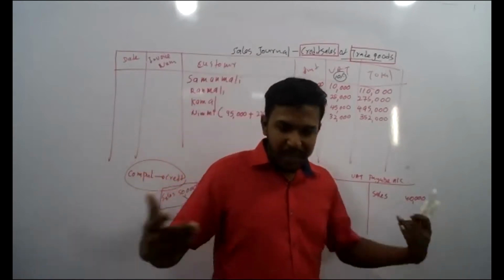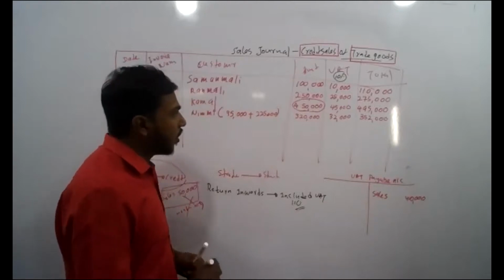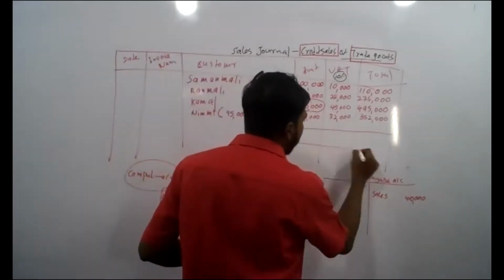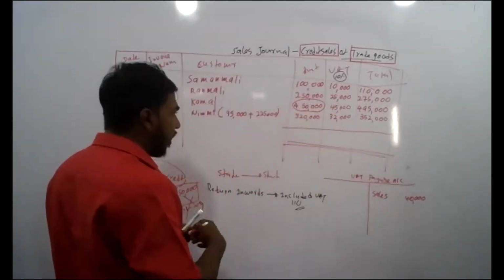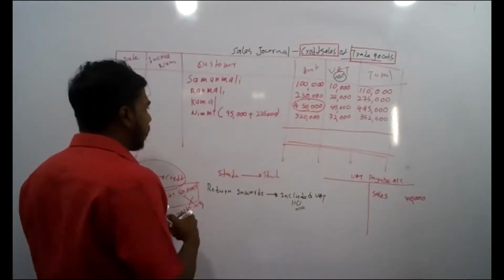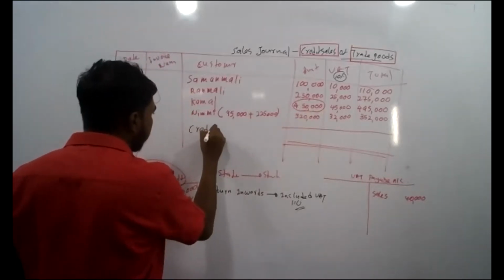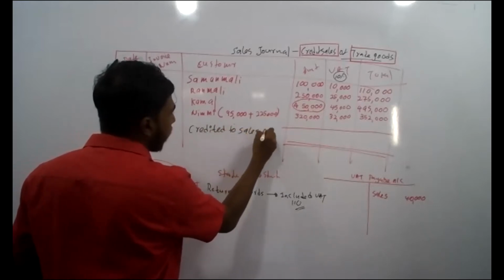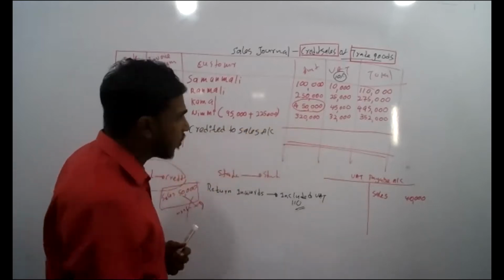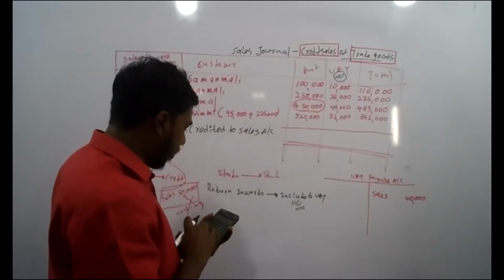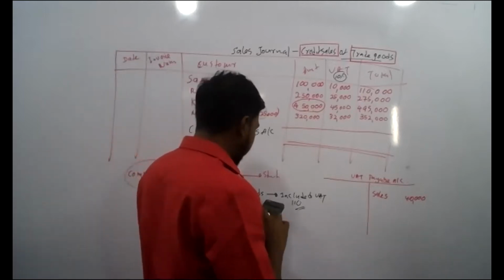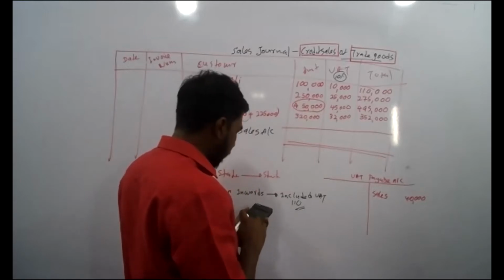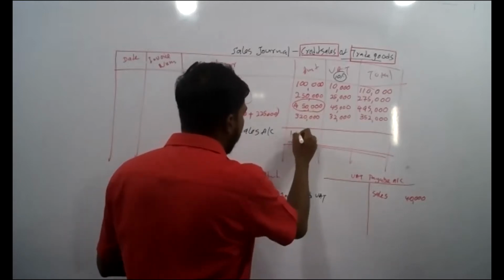Then that's all. The other one is return inwards. So we take the amounts to here. Here we write it down, credited to sales account. And how much is the total? 1120.